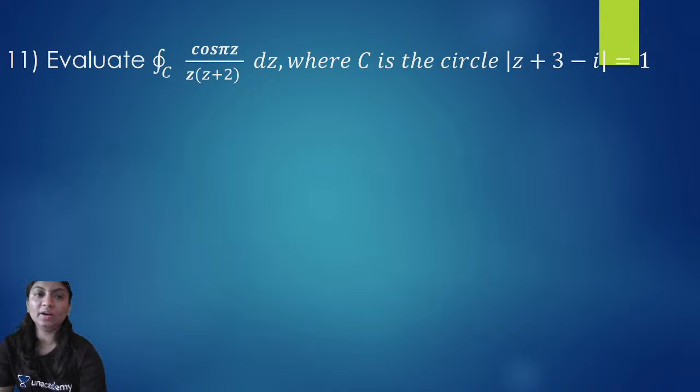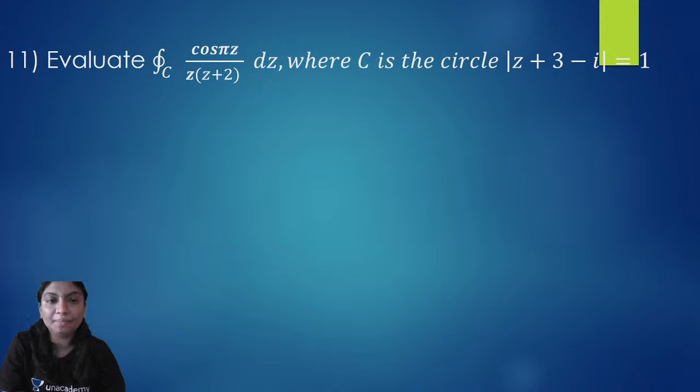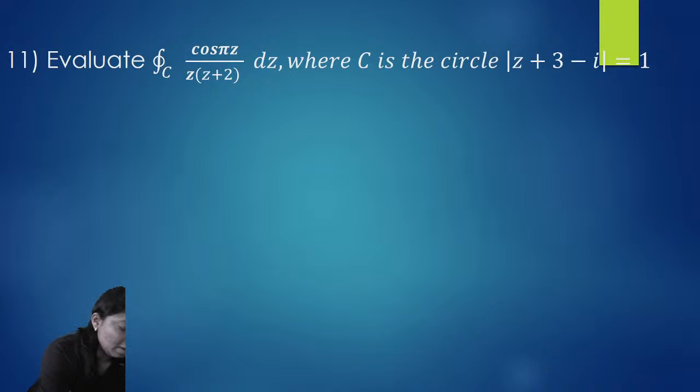Evaluate the integral over curve C of cos pi z upon z into z plus 2 into dz, where C is the circle mod of z plus 3 minus i is equal to 1.